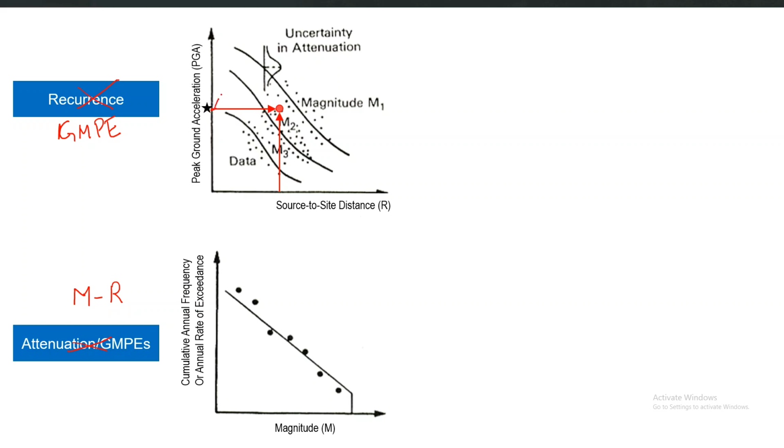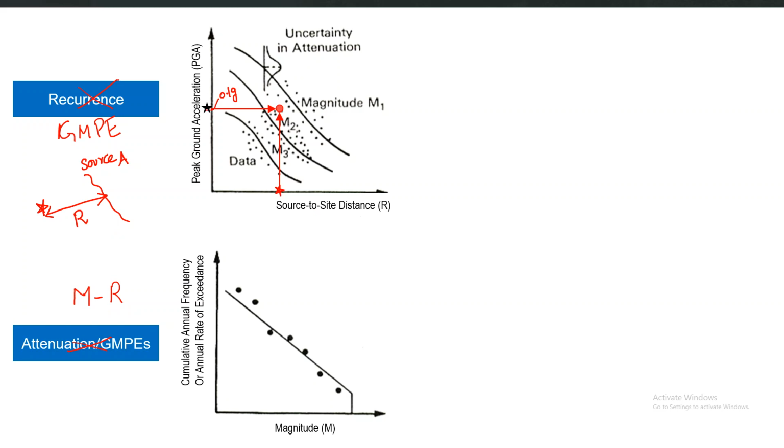Let's say it can be 0.1 g, any number for the start of the process. We also know the source to site distance. For example, this is our site and this is a particular fault or area source, source A. We already know the distance from the site to that source, so R is available.